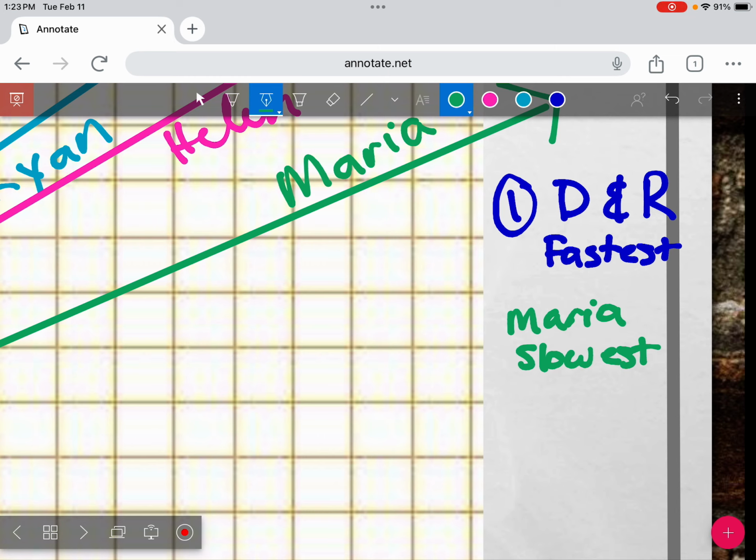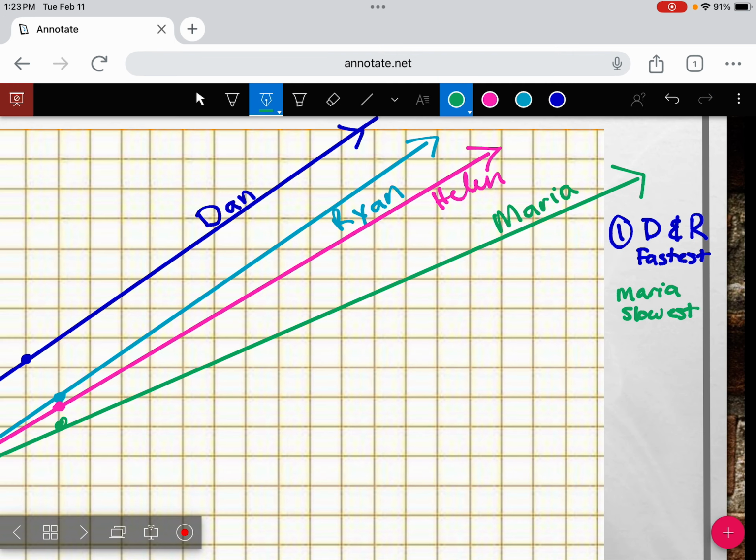Do we think Ryan will pass Dan at any point? What do you think? Yeah. So if we look at the table and find a rate of change for Dan, we find how much it's changing in the hours. So 1 hour to 4 hours has a change of 3.